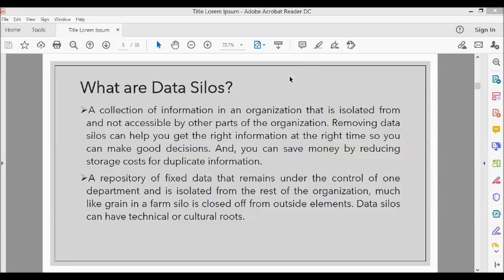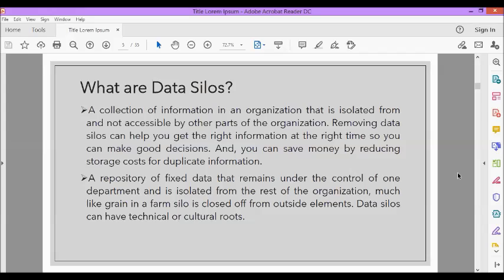Data silos can have technical or cultural roots. Data silos tend to arise naturally in large organizations because each organizational unit has different goals, priorities, and responsibilities. Data silos can also occur when departments compete with each other instead of working with each other towards common business goals.